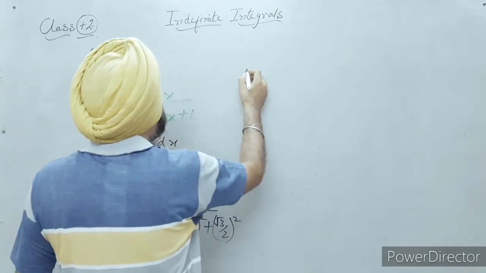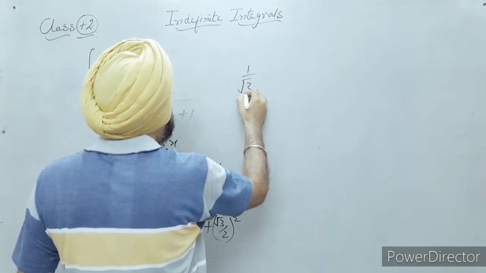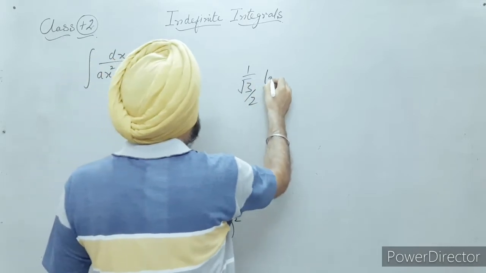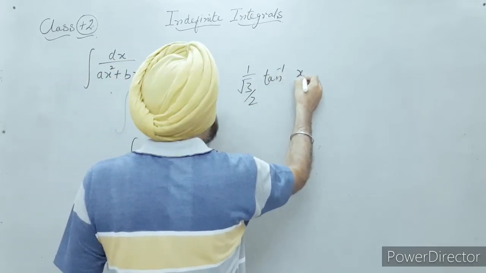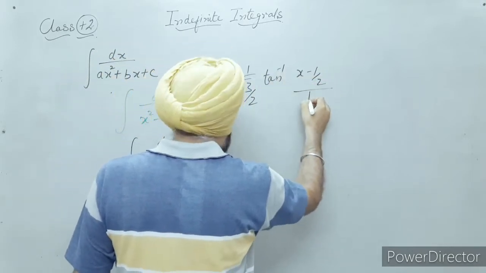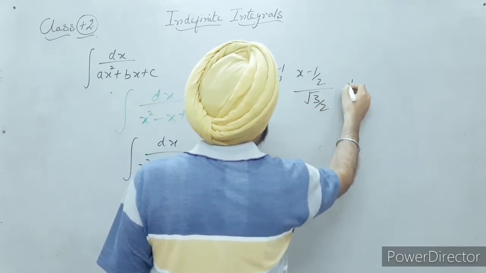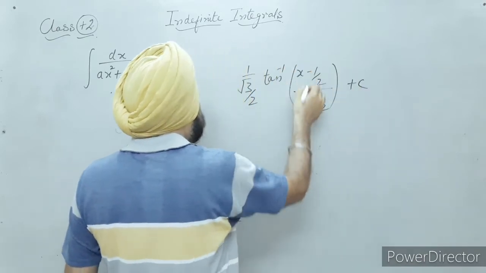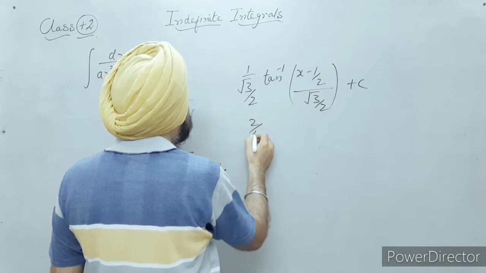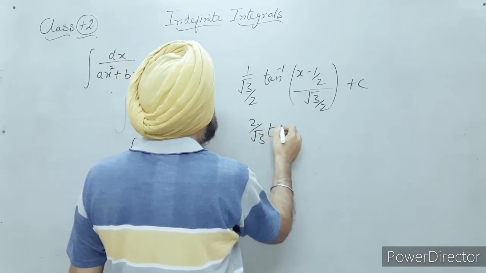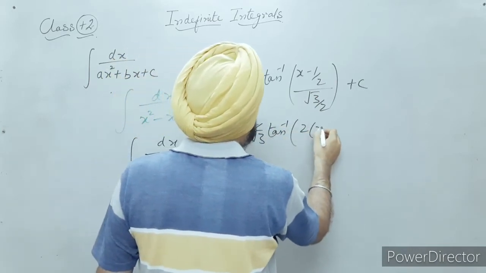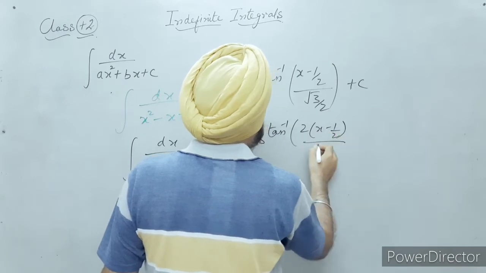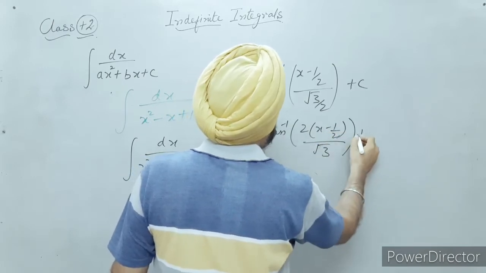Directly apply the formula: 1 over a tan inverse of x upon a plus c. I can take this as 2 by under root 3 tan inverse of twice x minus half, upon under root 3, plus c.